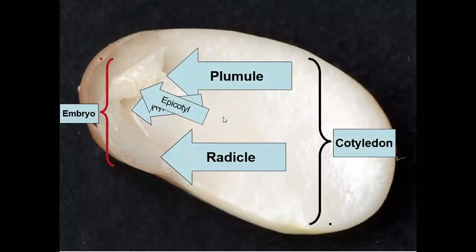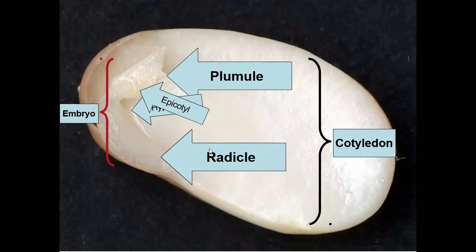Okay, then you can see here, inside the seed, this bracket part is embryo. Here is the embryo, the inside part. Between these two brackets, one red bracket, another black bracket. This is cotyledon, the black bracket, cotyledons, and inside the red one there is the embryo.